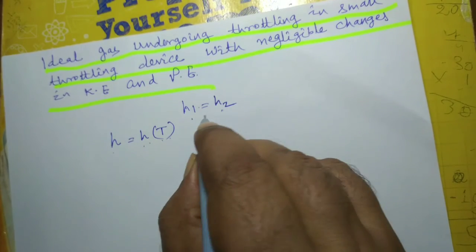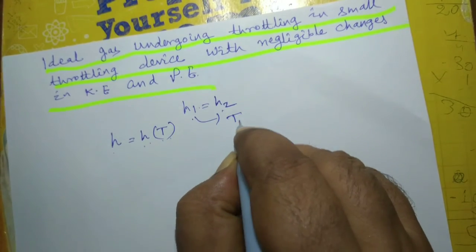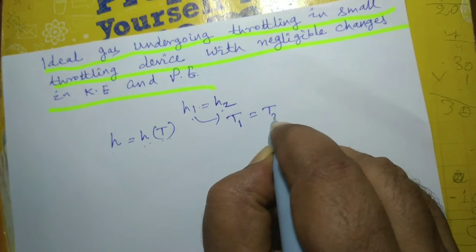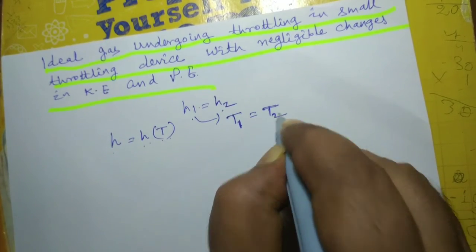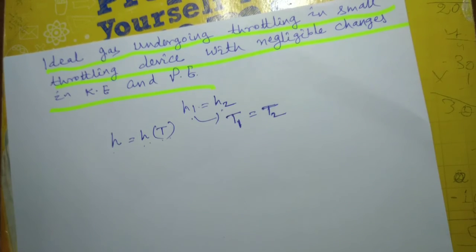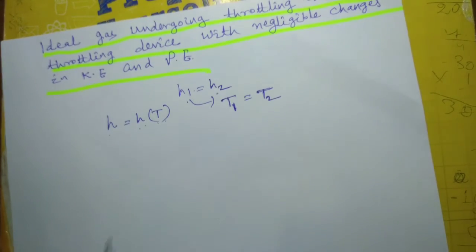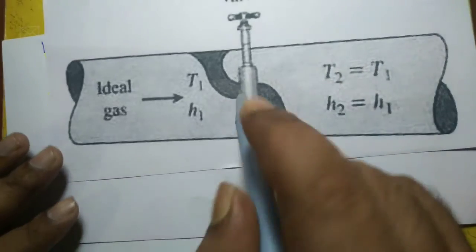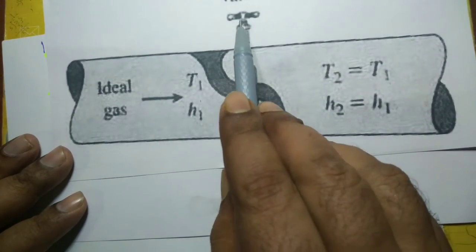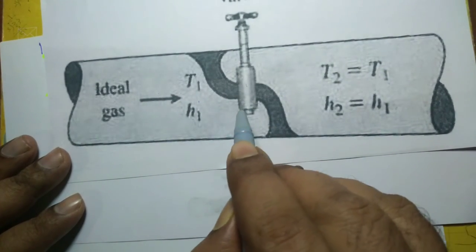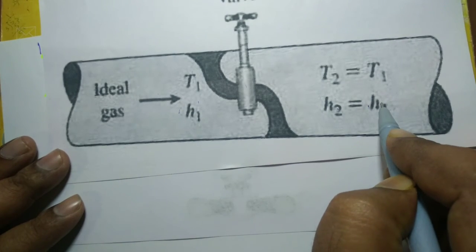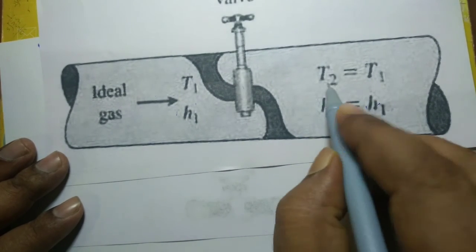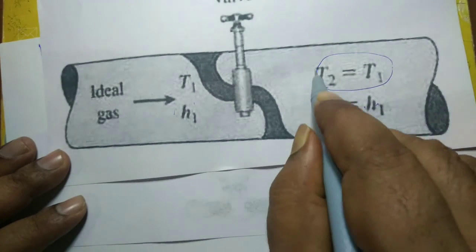Since H1 is equal to H2, I can write T1 is also equal to T2. Temperature at inlet is equal to temperature at outlet. When this ideal gas passes through this throttling valve, since H1 is equal to H2 and H is a function of temperature, I will have T2 equal to T1.